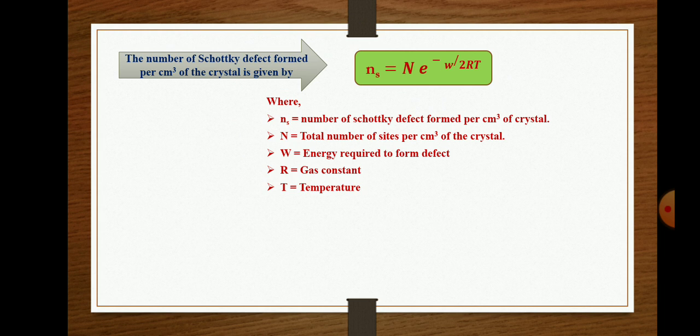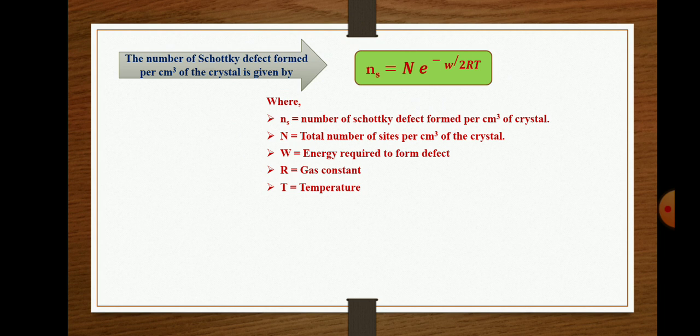Ns is nothing but the number of Schottky defects formed per cm cube of a crystal. So how many atoms or ions have departed and created a vacant space is indicated by S for Schottky.